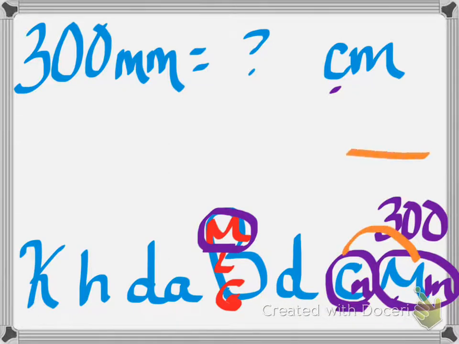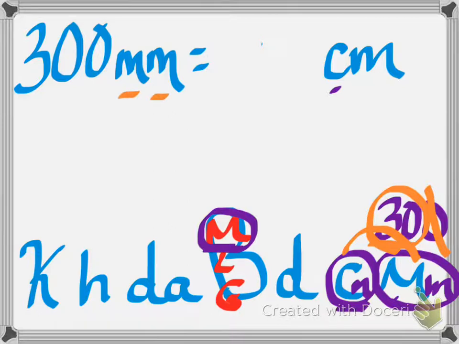But we are going to the left, and we go to the left, that means that we are actually taking away zeros. Okay? So we actually need to cross off that 0, and our answer would be that. So we have 300 millimeters equals 30 centimeters. So simple, so easy, you just have to follow the steps.